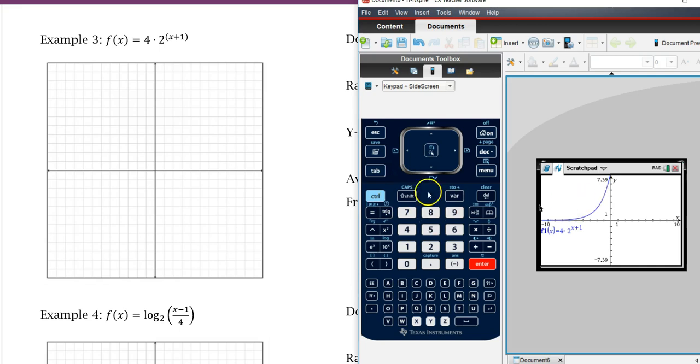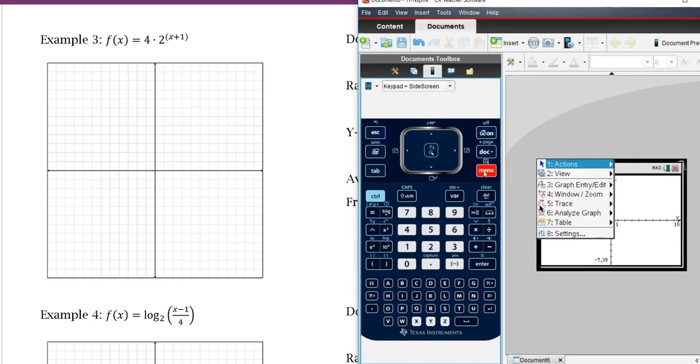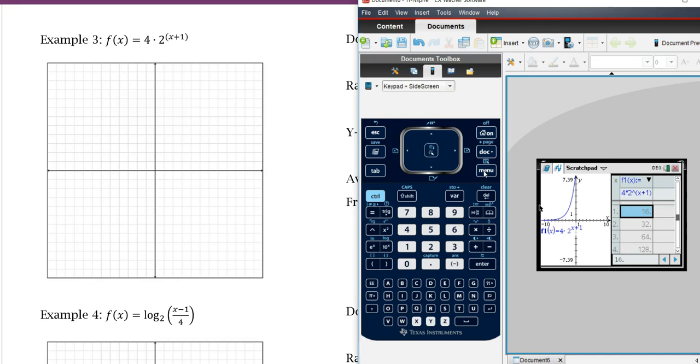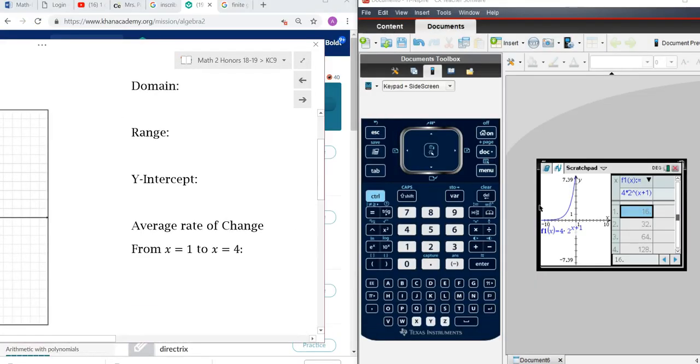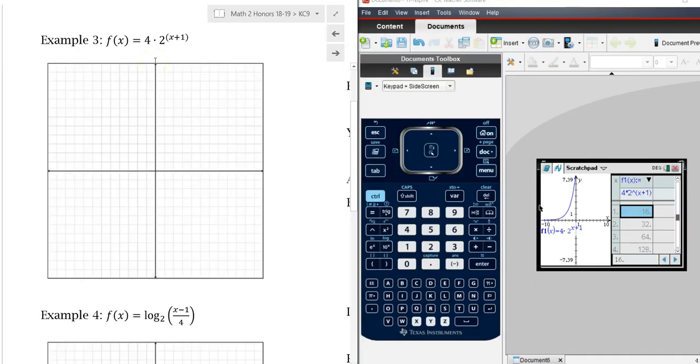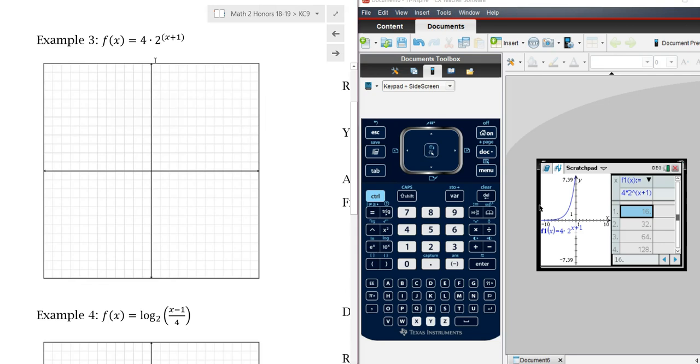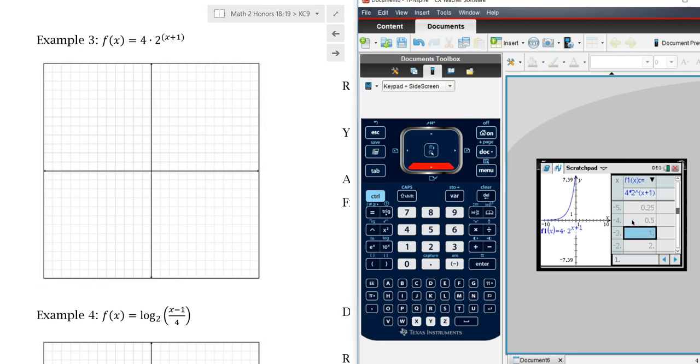The easiest way to graph these is to go to Menu, Table, and split screen the table. Okay? That way I can start, and I want to start with, if I scroll here, I don't want to do decimals, so we'll start with -3. That's usually what I do.